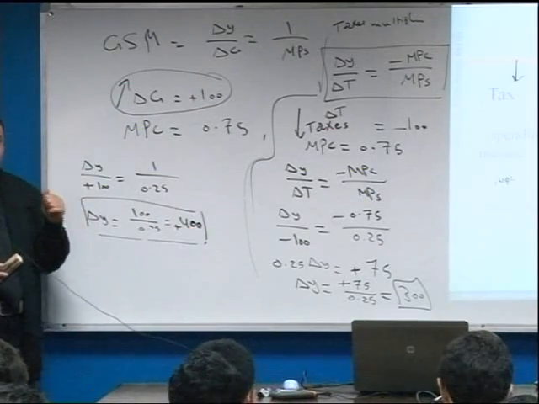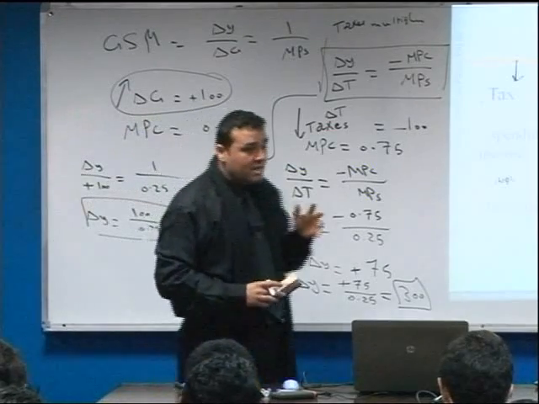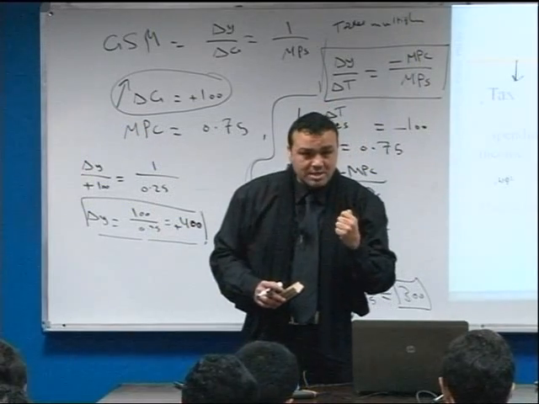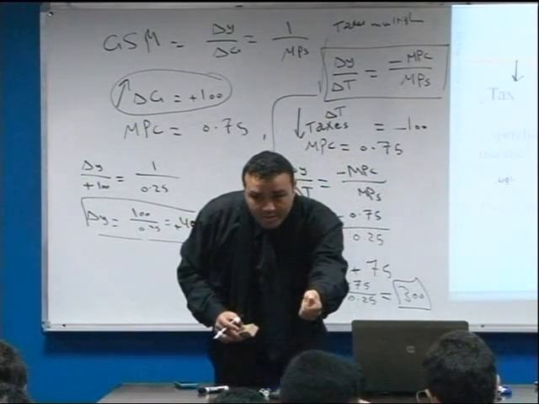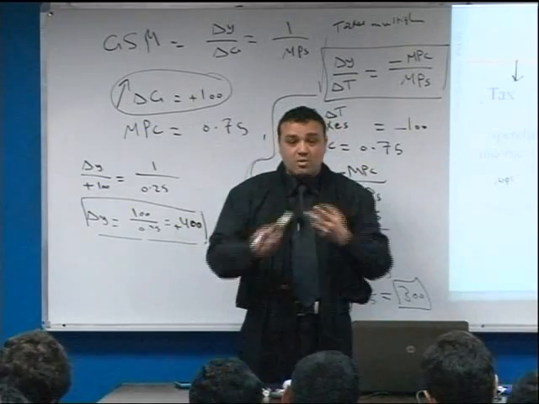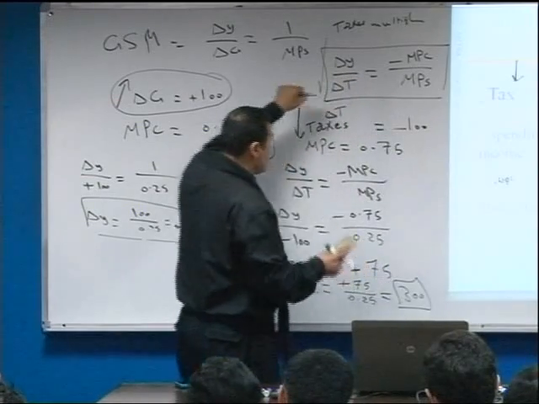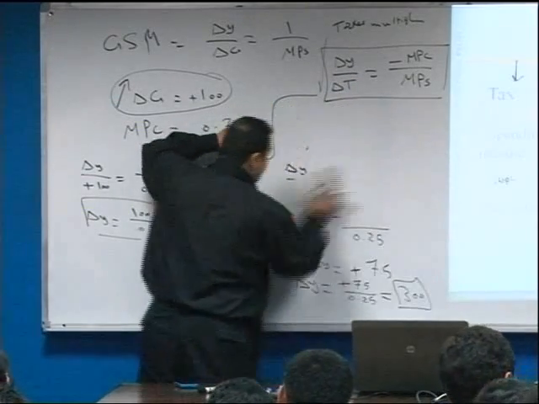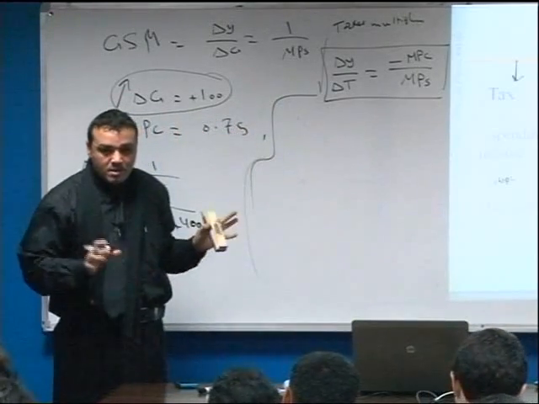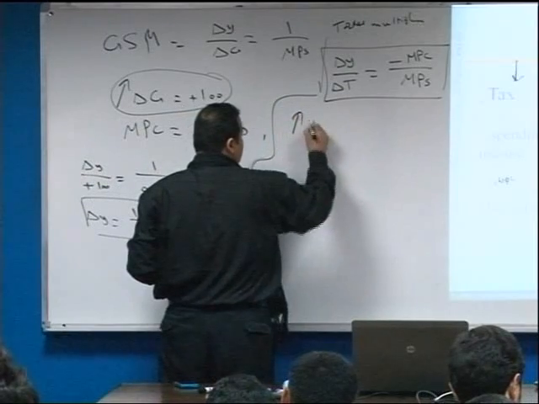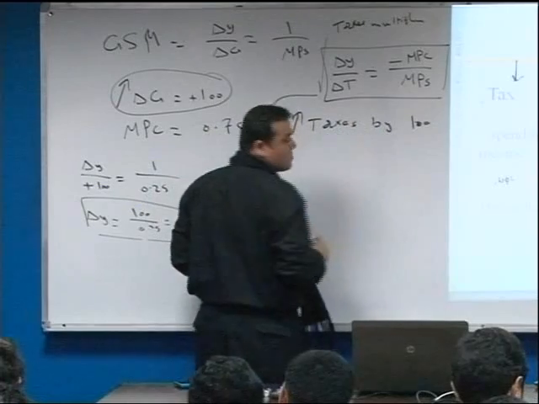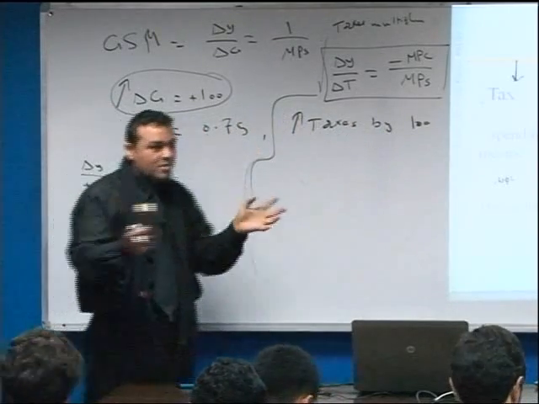$400 million. At the same time, suppose that the government decided to increase the taxes by $100 million. So our assumption is we have an increase in spending by $100 million and taxes of $100 million. What are the effects on the aggregate output? We are talking about the same economy.